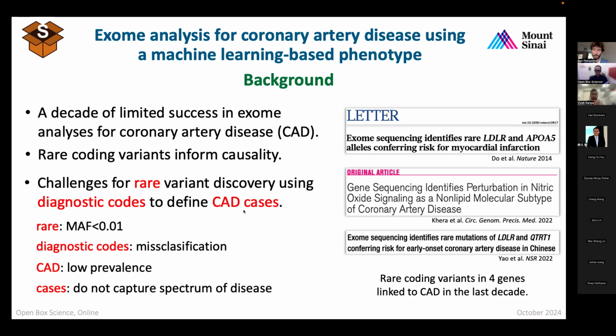But then also things like underdiagnosis. So in CAD, it's not uncommon to have individuals that present some kind of atherosclerotic burden in their arteries, but haven't yet been diagnosed formally with the disease. And so you again have noise in the association statistic when you consider all these individuals as controls.